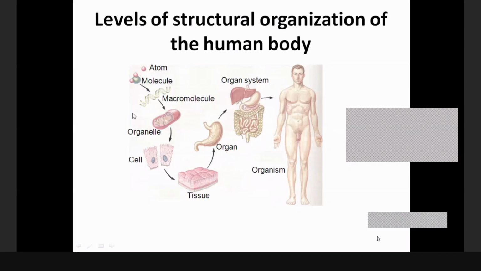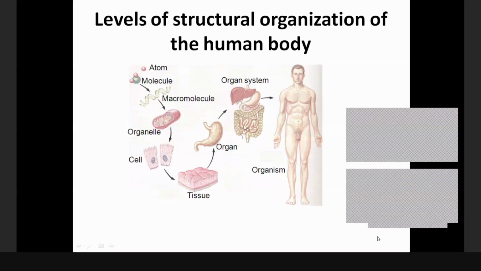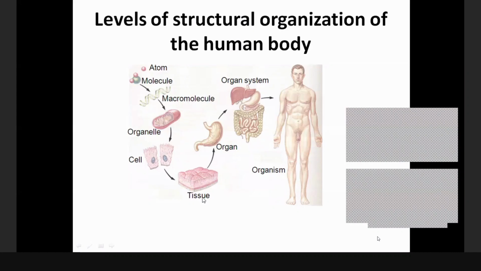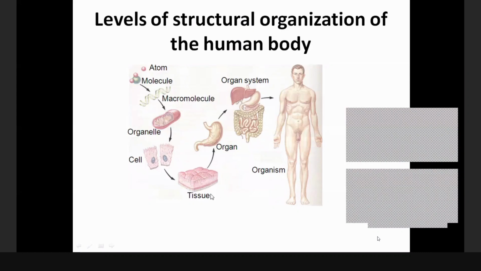In turn, several cells, along with non-cellular structures, give us tissues. It is the collection of tissues that make organs, and organs give us organ system, which in turn would give us the organism. So as you could see here, we have somewhere in between tissues. Histology is literally the study of tissues.